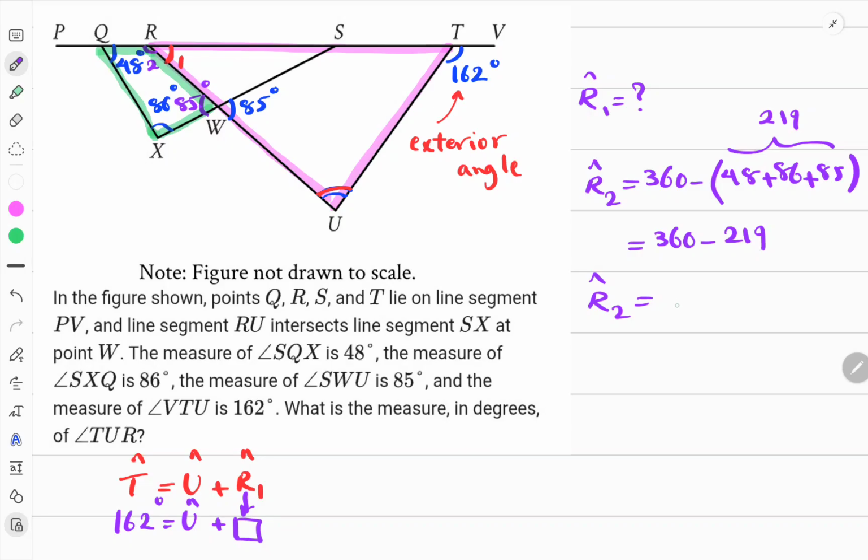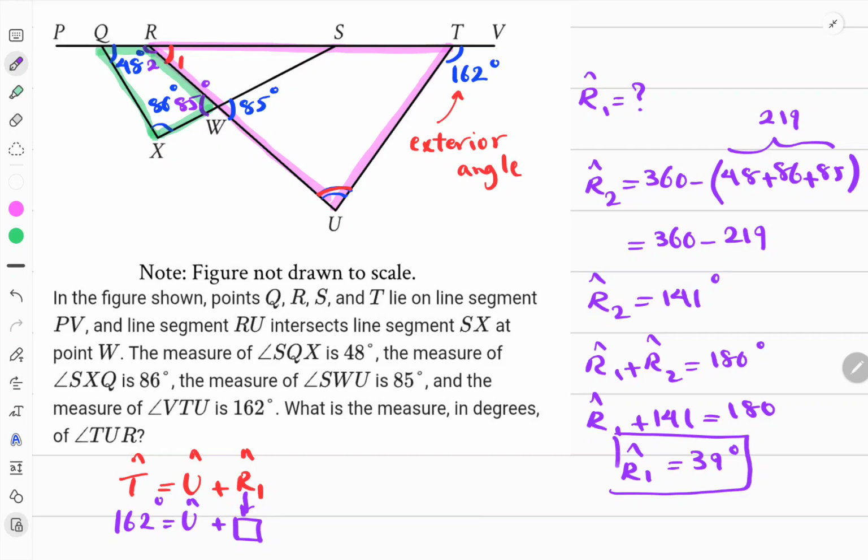So R2 equals 141 degrees. Okay, and we know that R1 plus R2 equals 180, because R1 and R2 are supplementary angles and they add to 180 degrees. So R2 is 141, so R1 is 39 degrees.